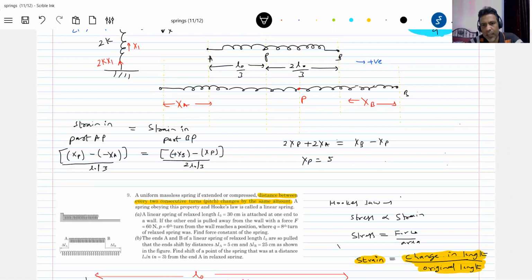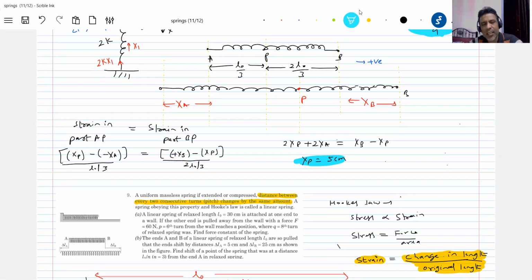XP will be 5 centimeter. Yes, sir, 5. Check the answer given in the book, it will be 5 centimeter. Means what happened here? We have to be very careful about the strain. How do you define strain? The strain is equal at all points.